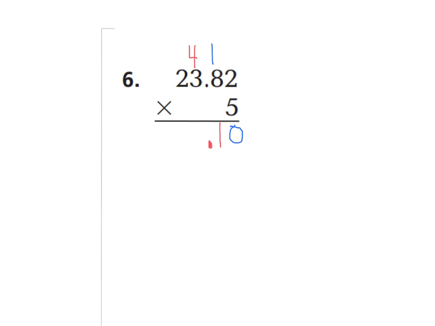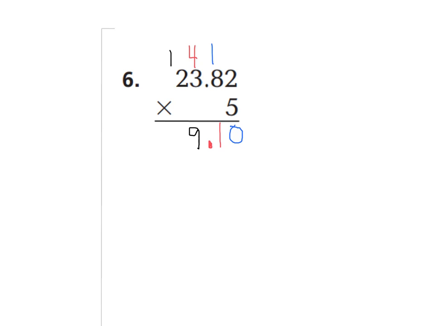Okay, now let's do our whole number. 5 times 3 wholes is 15 wholes, plus those 4 wholes we regrouped from our tenths would be 19 wholes. I can't fit 19 in my ones place, so let's go ahead and regroup one group of 10 and put our 9 ones in my ones place.